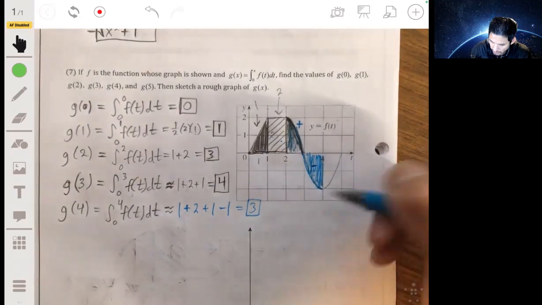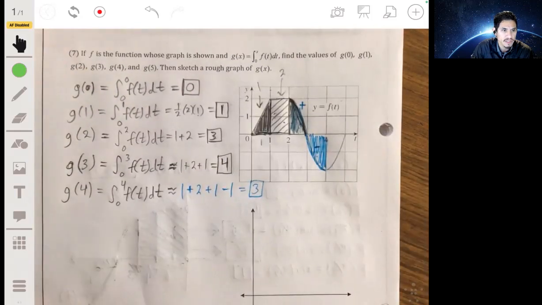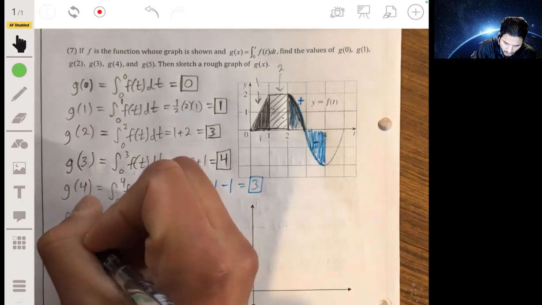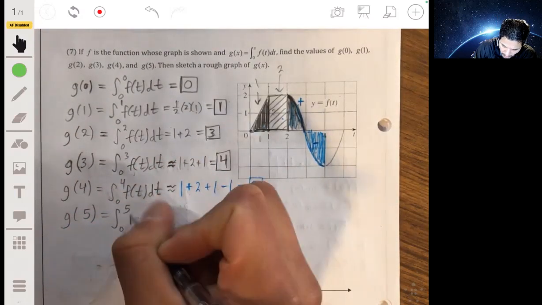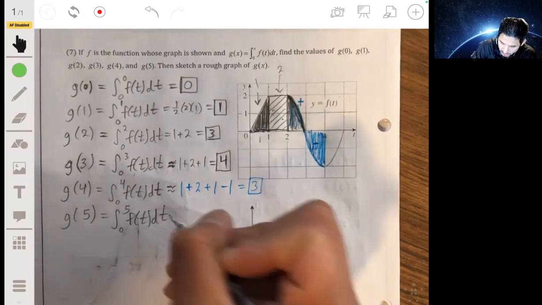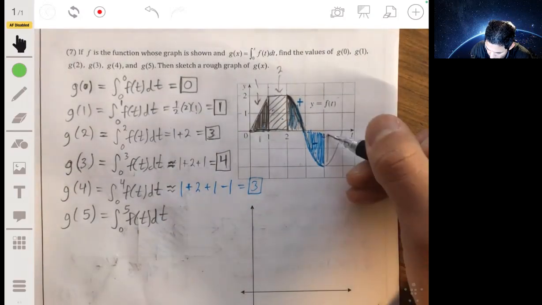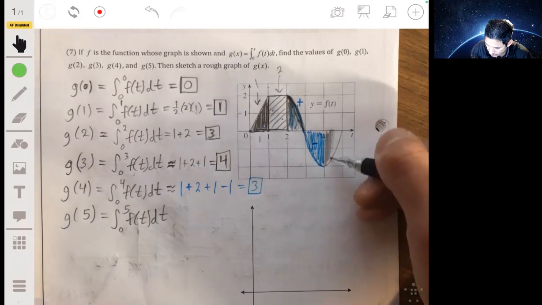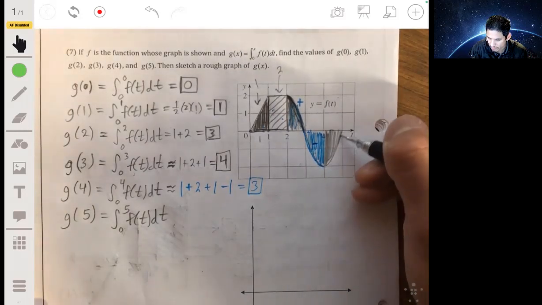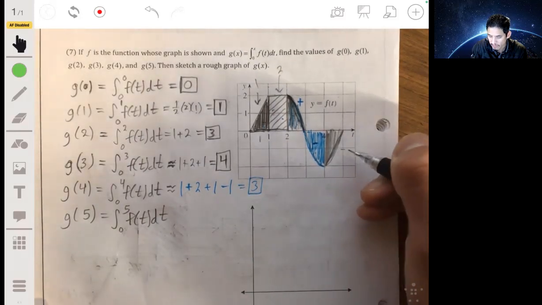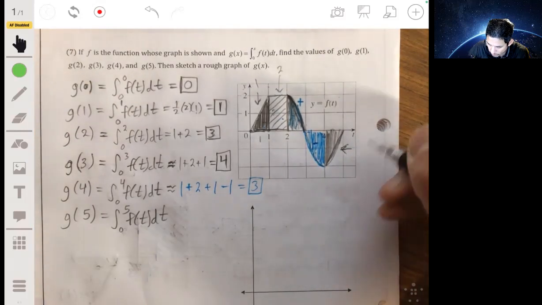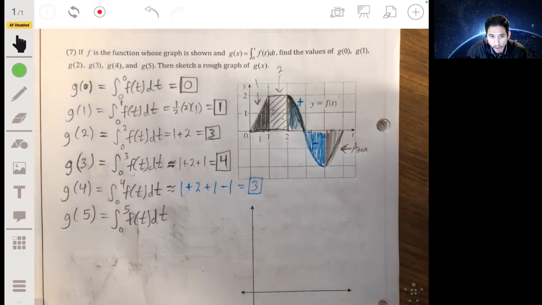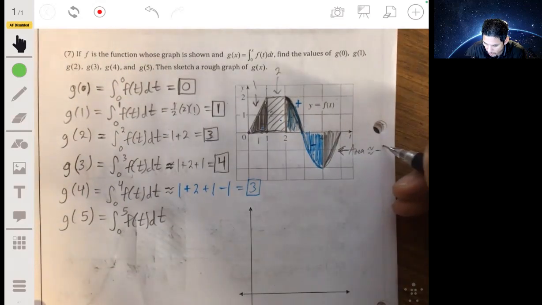Let me shade it on the way. And the final one, g of 5, will be the integral from 0 to 5 of f of t dt. We're going to add this final part. And again, we'll just say this is about -1.